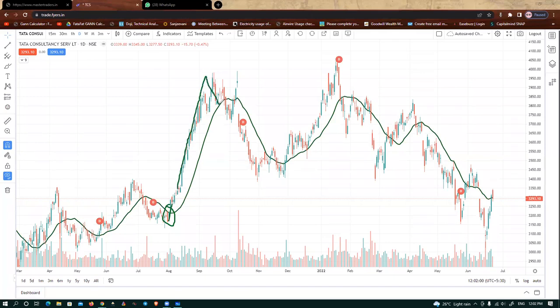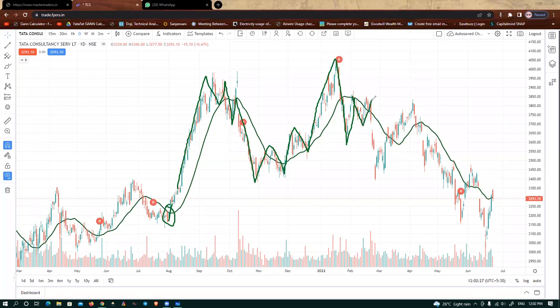When it is reaching near the moving average, you can see some bounce. This broke down. Again, when it goes to this area, pullback. Again, this is sideways. Again, it went up, took support, went up, broke, went up, got resistance, came down.